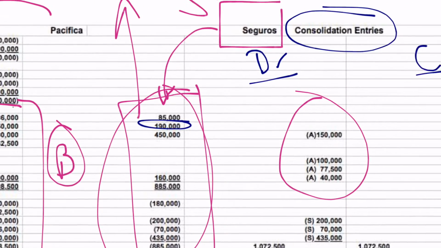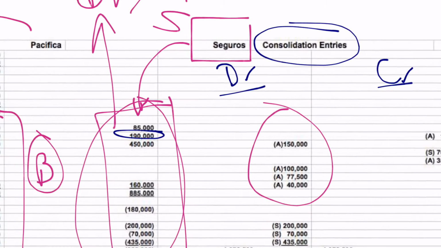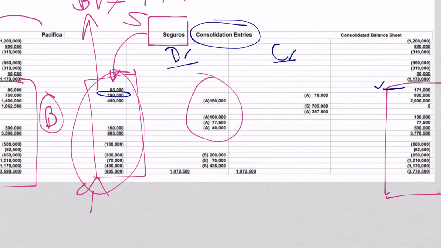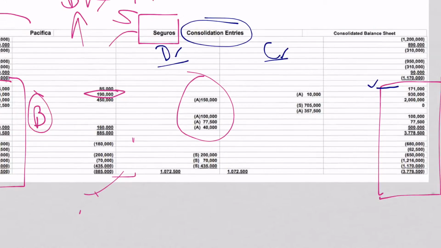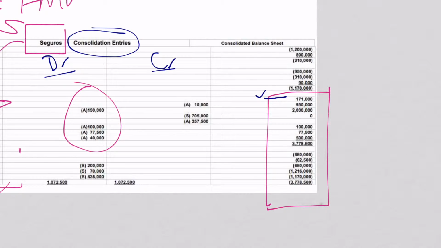So the goal is to move, and don't look at the consolidation entry yet, just bear with me. Our goal is to go from the 190, which is the book value, to, when things get combined, a value that's only going to add in the fair value, and the fair value is 180.